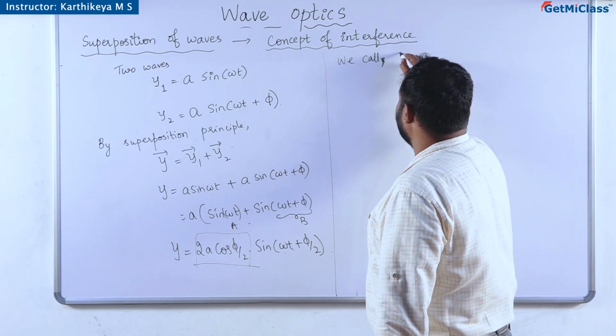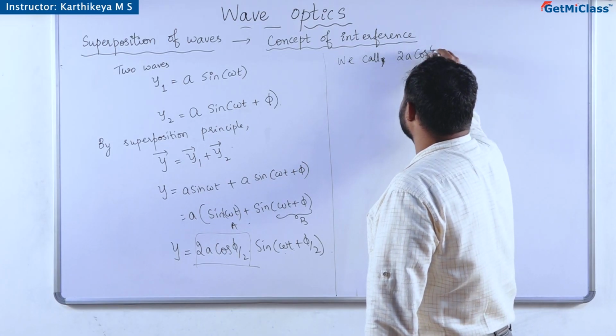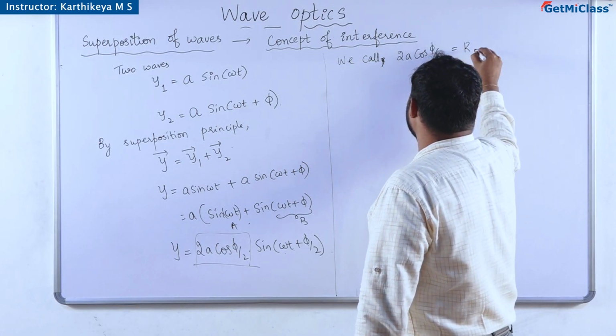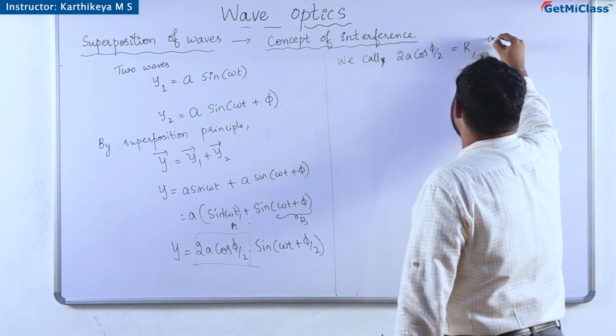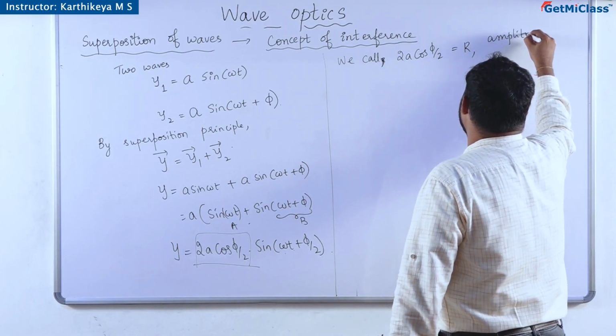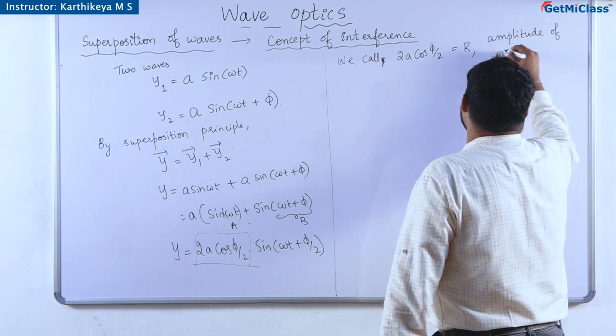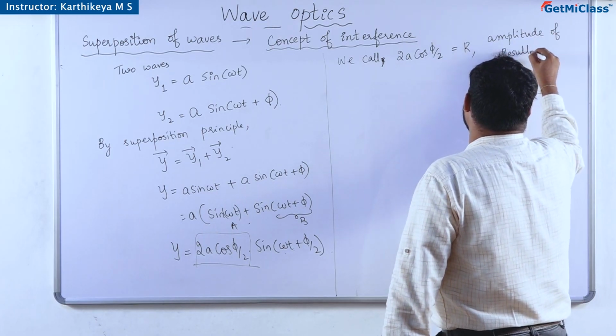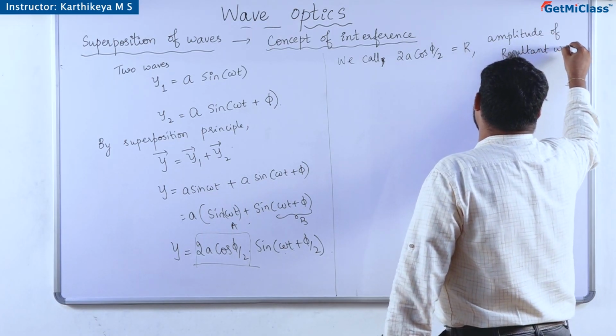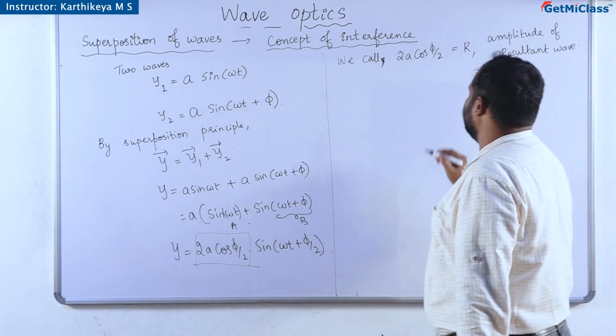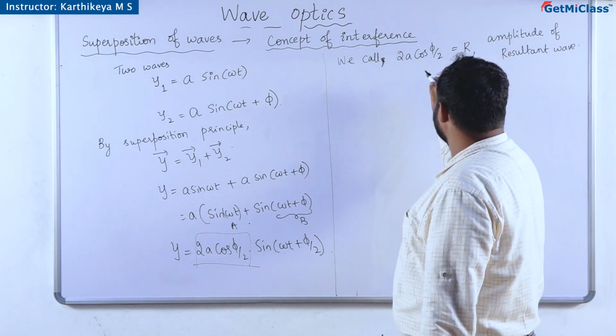We call 2a cos (phi by 2) equal to R, that is, the amplitude of the resultant wave.